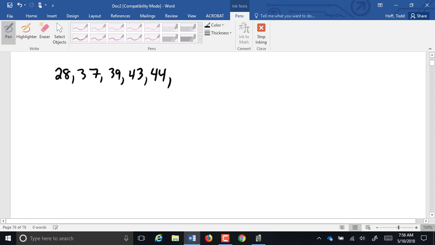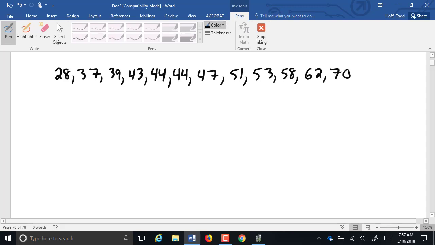I am going to put them in order as I write them. So there's my set of numbers. In this case, n equals 12.